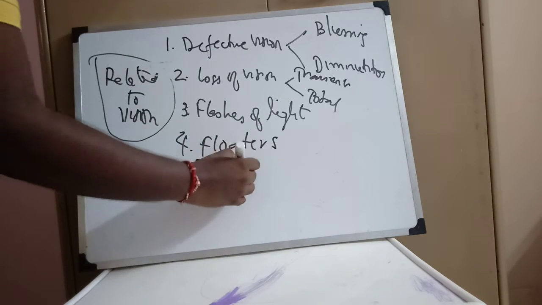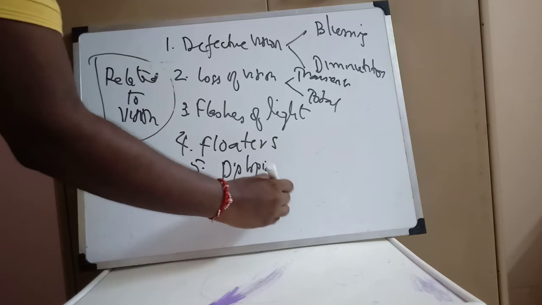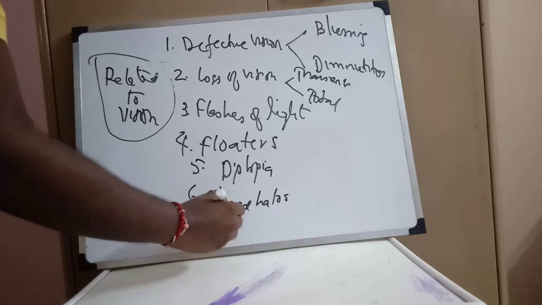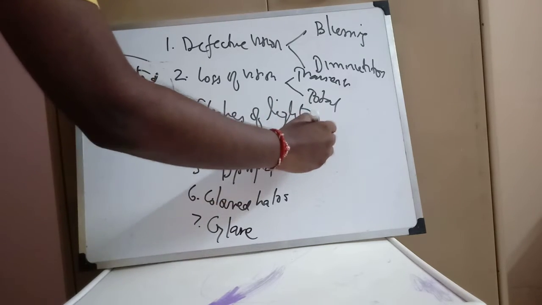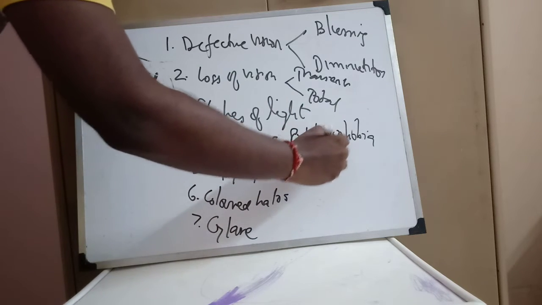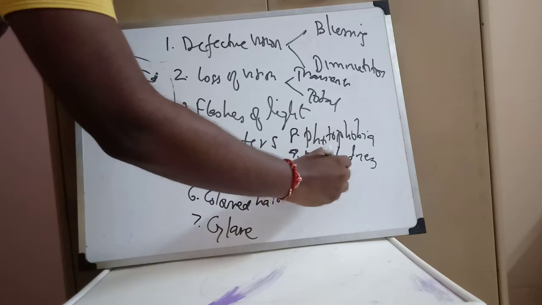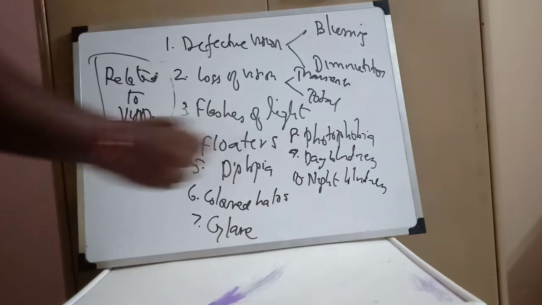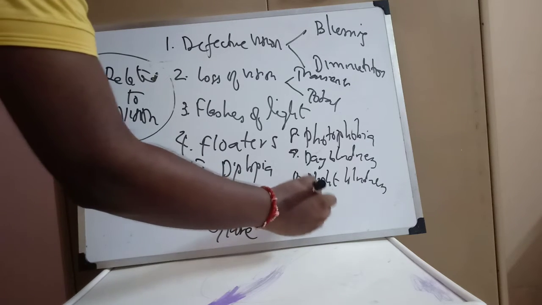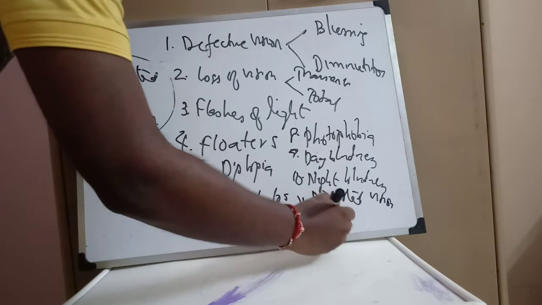Then we have diplopia, colored halos, glare, photophobia, day blindness, night blindness, distorted vision, and diminution of near vision alone.